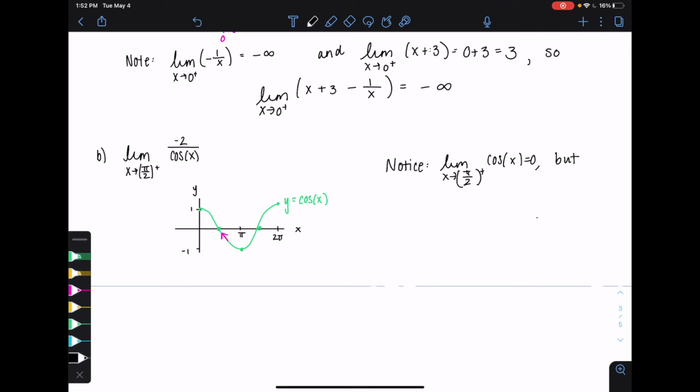But since it's approaching from the right, it's a very small negative number.